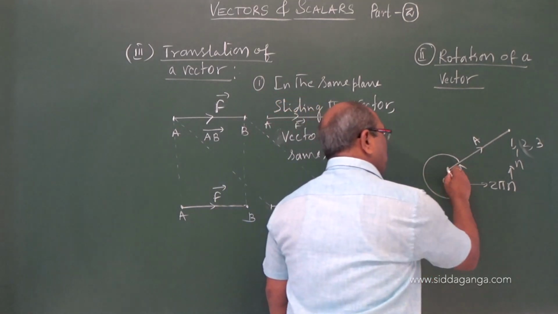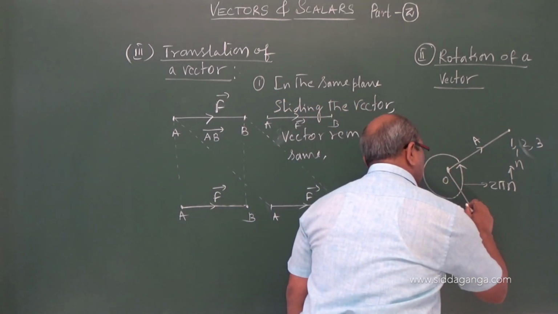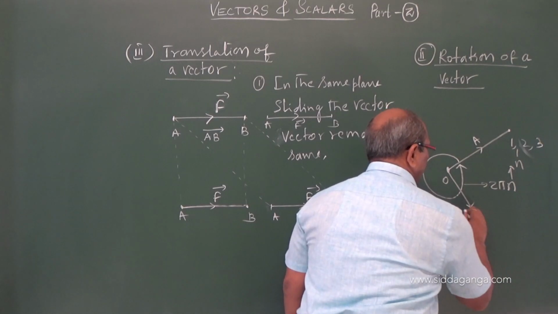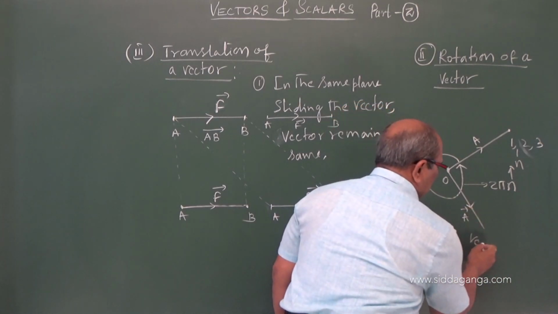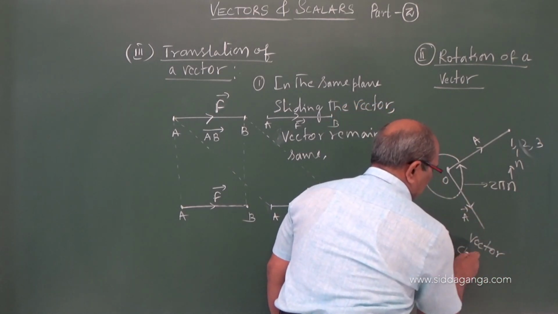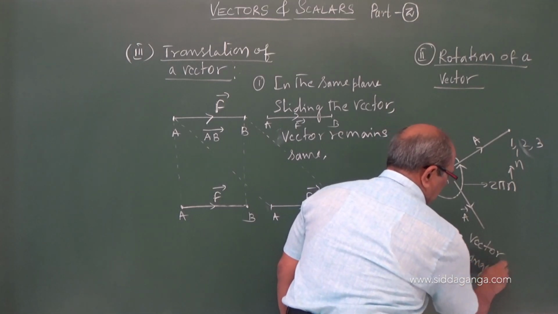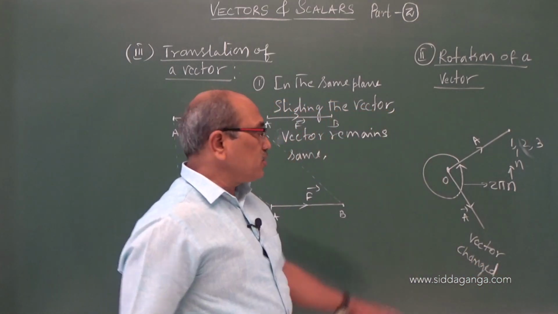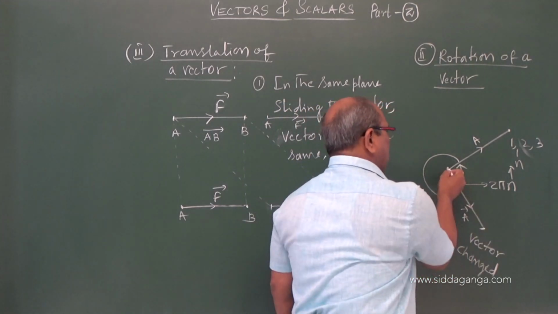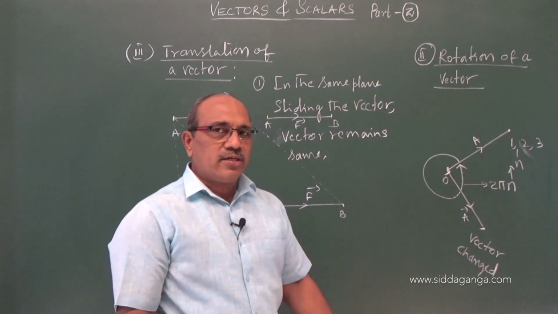Suppose it is rotated to some position like this. Now the vector has changed. The magnitude may be the same, I agree, we have not changed the magnitude.